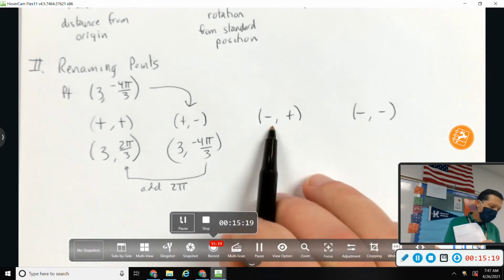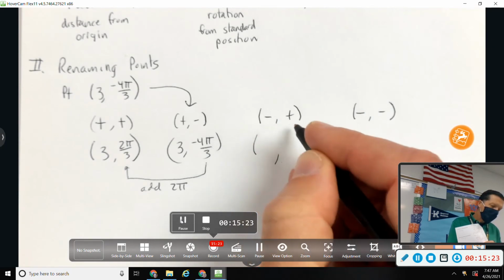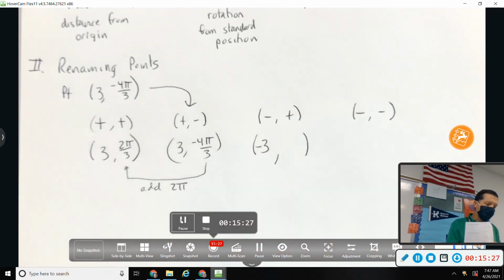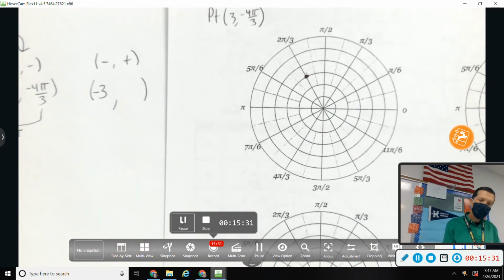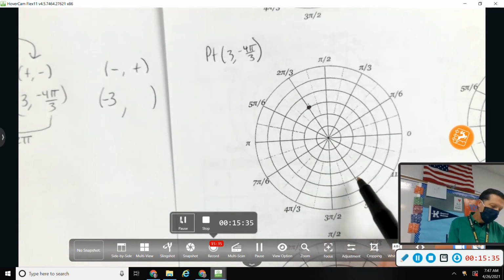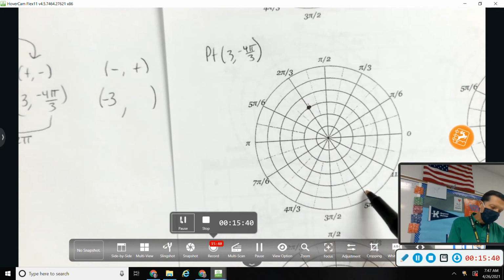All right, let's come up with a way that is a negative radius and a positive angle. Well, the negative radius would have to be -3. So let's see how to think backwards. So that means if I want to use a backwards 3, I want to land down here at 5 pi over 3.